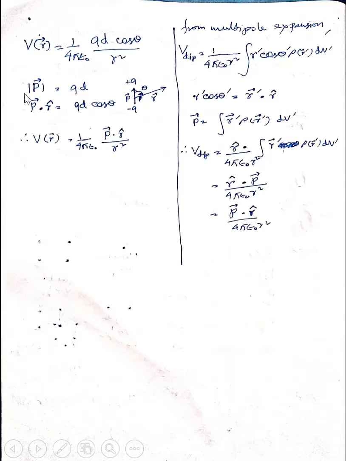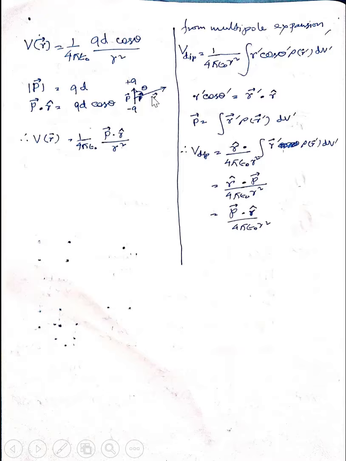Okay, so here you know that the magnitude of the dipole moment is qd, right? All of you know, I think, charge and separation distance. And if I perform p dot r unit vector, that is, the unit vector in the direction where I am going to calculate the potential, I will find this one.